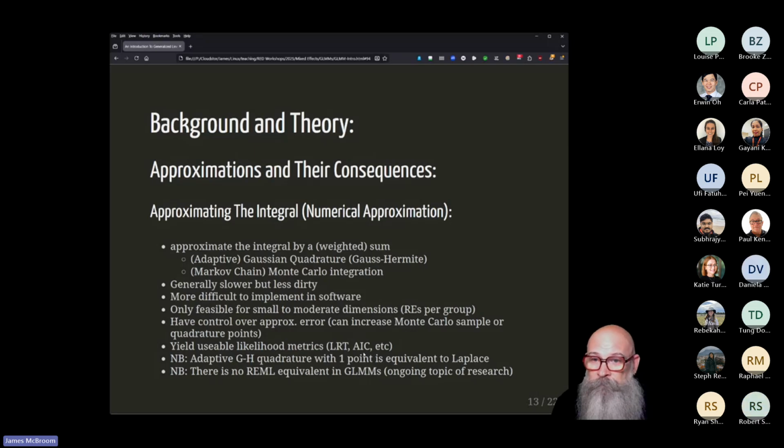There have been some equivalent REML methods postulated, but there's no definitive REML available to you in generalized linear mixed effects models. So none of these things account for the fact that you're going to get some bias in the random effects variance estimates due to the fact you haven't adjusted for the estimation of the means in the fixed effects. So there's no easy and simple and obvious REML equivalent in GLMMs as yet.